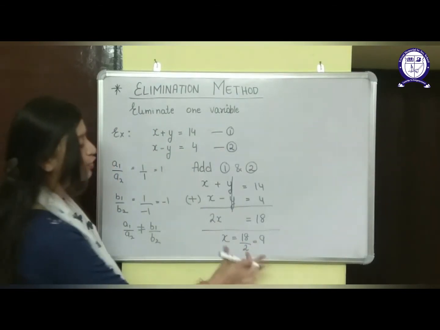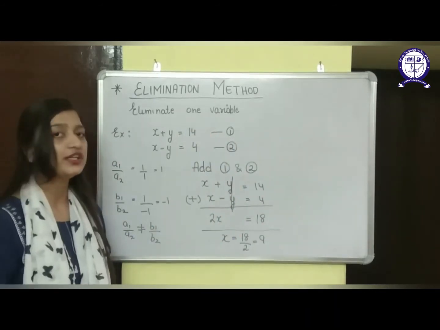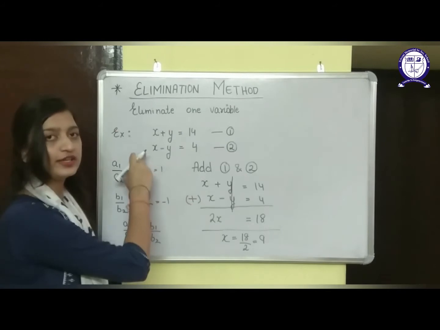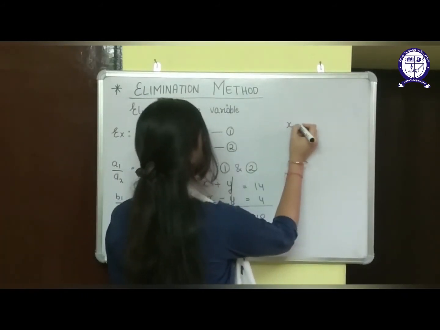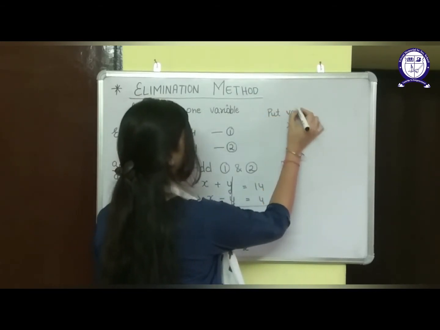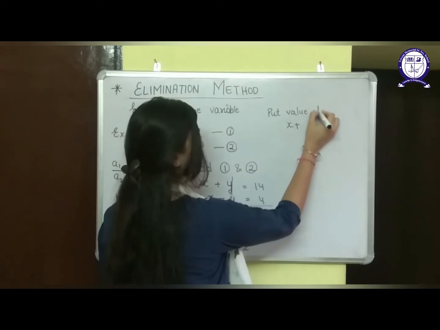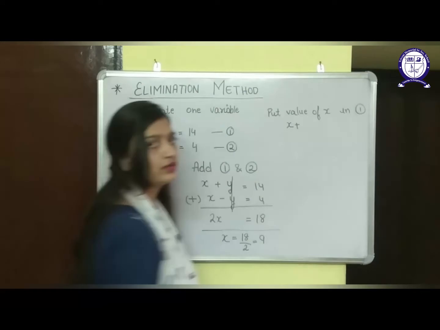Then I am going to put this value of x in any of the equations. I can put it in either of the above two equations and I will get my value of y. So suppose I am putting it in equation 1. So put the value of x in 1. Okay.